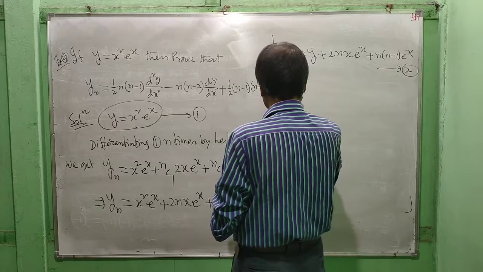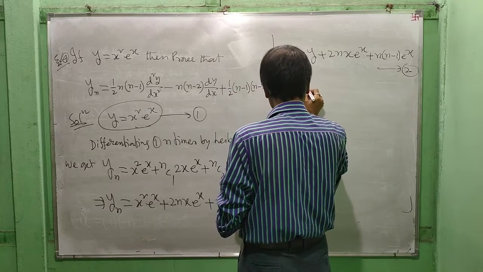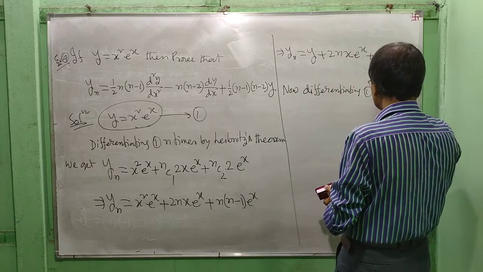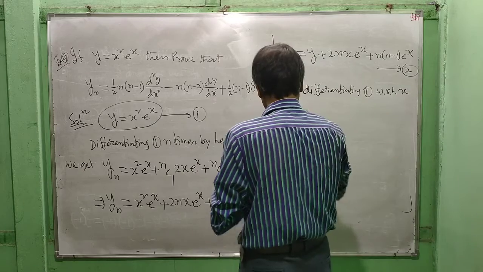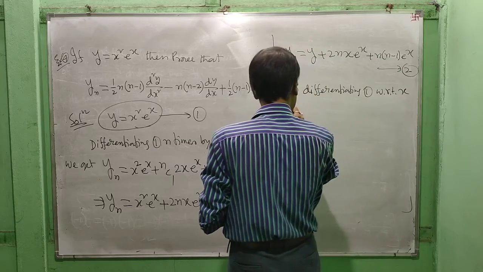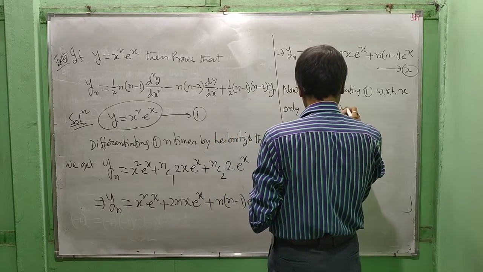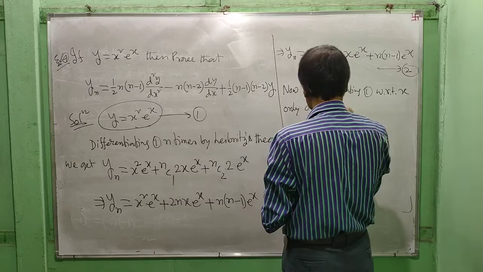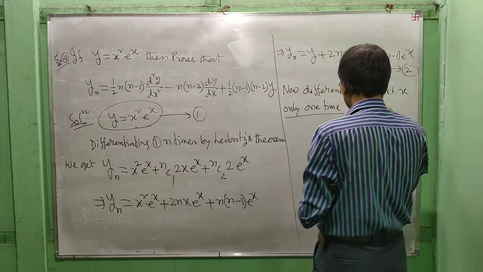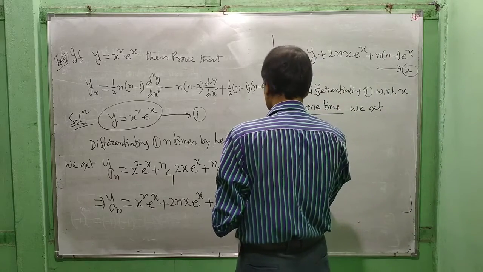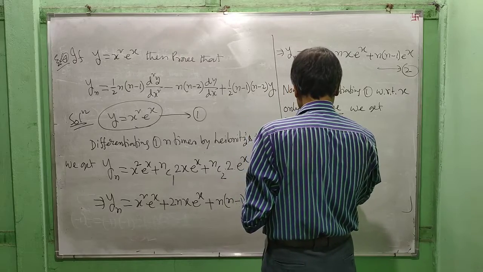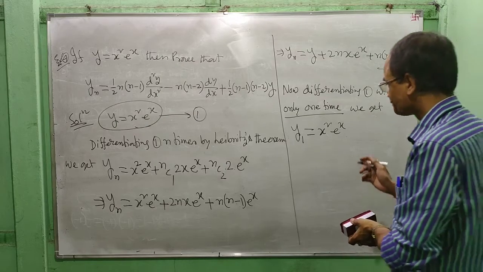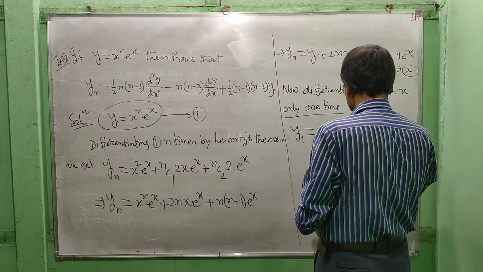Now differentiating 1 only once with respect to x, we get y_1 equal to x square e to the power x plus twice x into e to the power x.